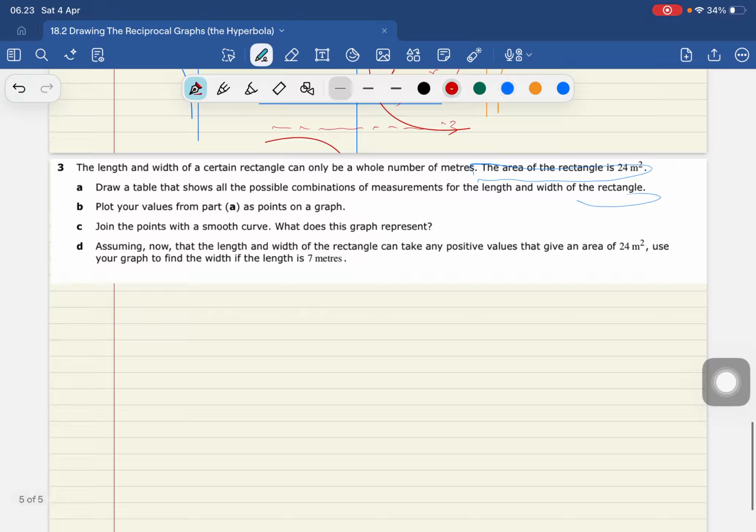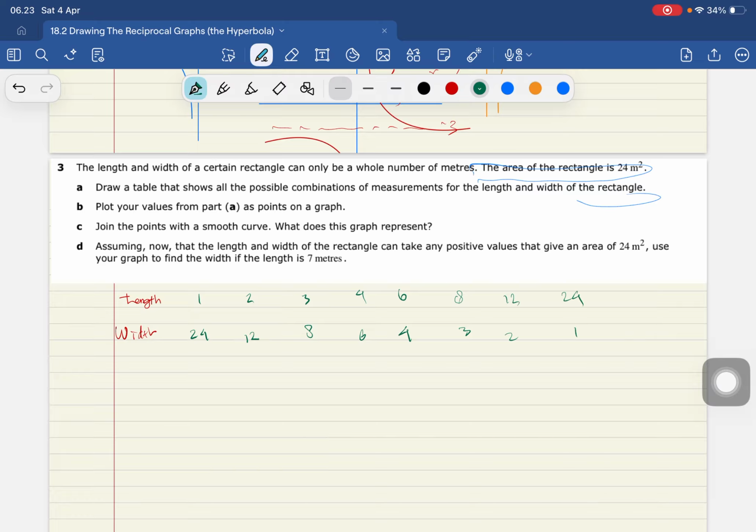This is the length, and here is the width. We need to make it 24, the area. So length times width needs to be 24. So here all possibilities: 1 and 24, 2 with 12, 3 times 8, and then 4, 6, or we can make it 6 and then 4. We got 8 and 3, 12 and 2, 24 and 1.